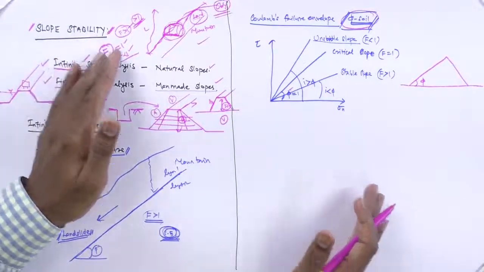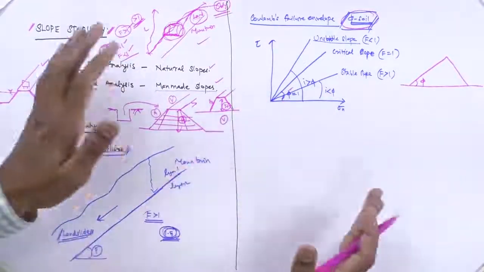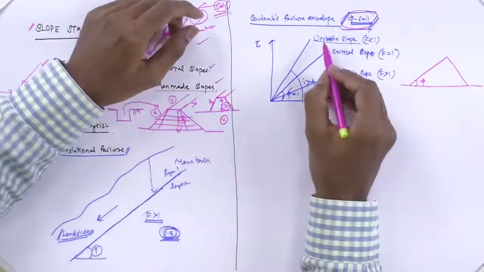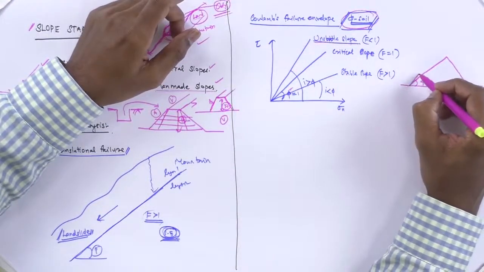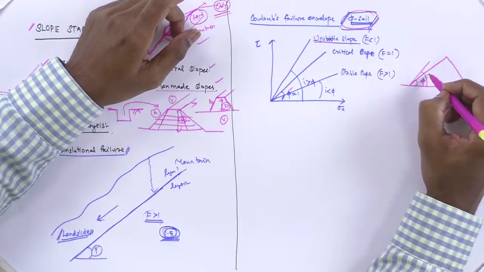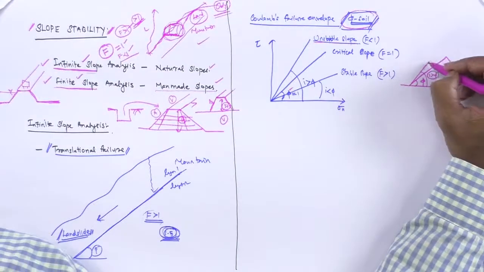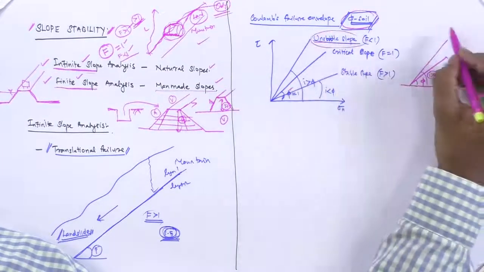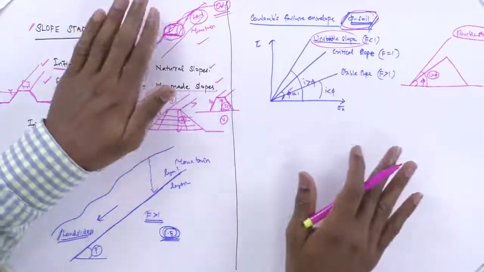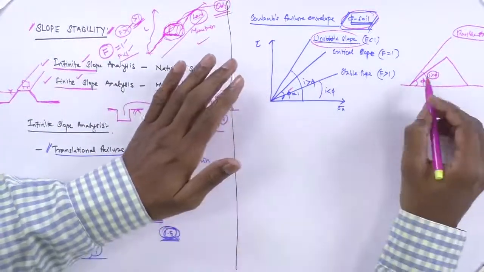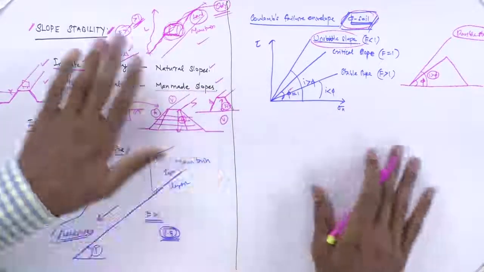When you try to heap it to a very steep level, you cannot make it. So this is not a possible slope, it is an unstable slope. A slope inclination angle greater than phi is not possible. But you can make the slope flatter than this.